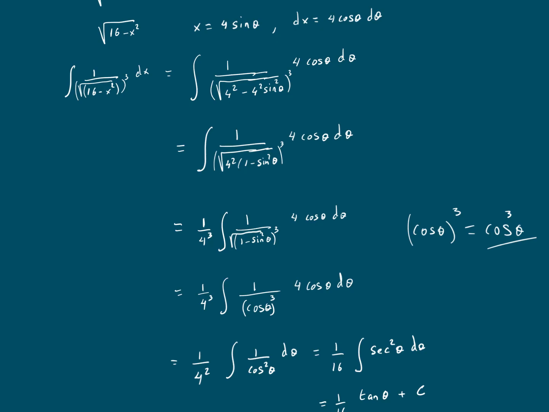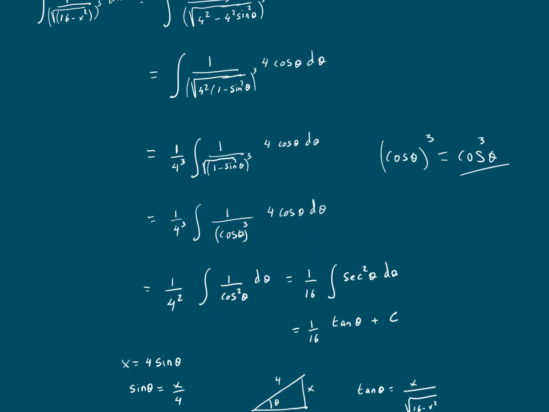Okay, so one cosine of theta will cancel with this cube, and will appear 1 divided by 4 squared. One 4 will disappear, so it will be 1 divided by 4 squared, 1 divided by cosine squared of theta d theta.